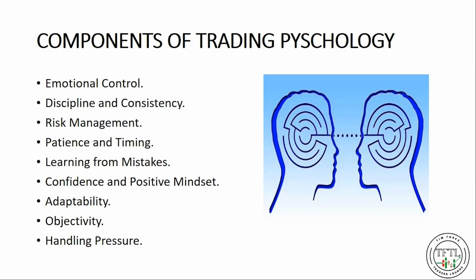So when we talk about emotional control, definitely awareness of emotion as a trader is very important. You need to recognize that emotions like fear, greed, and impatience can significantly impact decision making. So you need to develop strategies to control and manage these emotions to avoid impulsive trading.